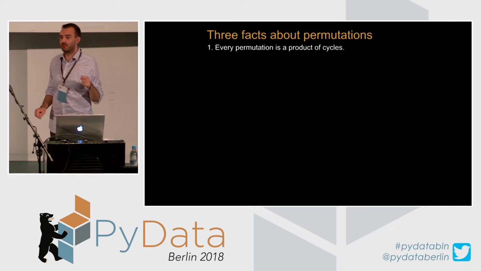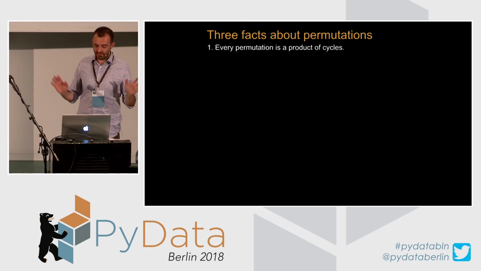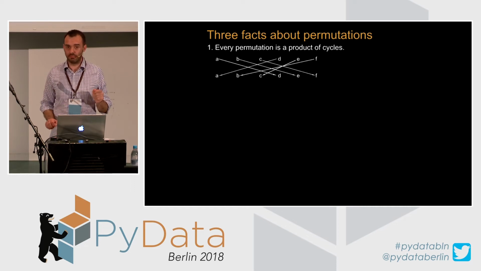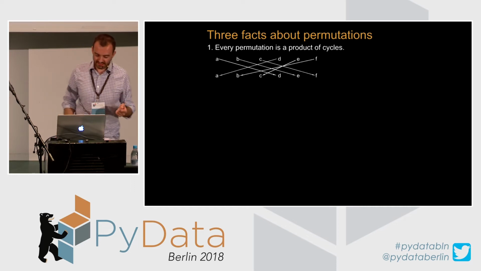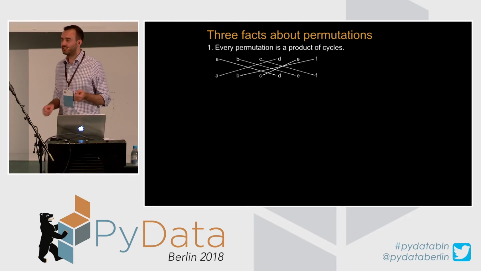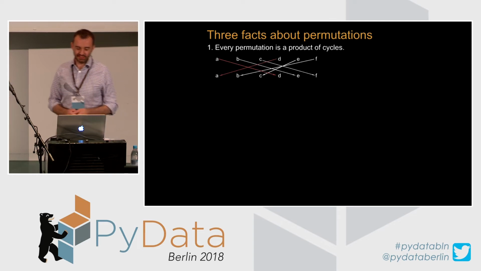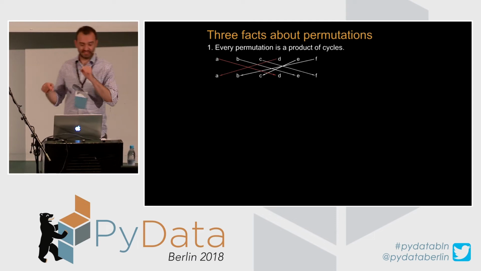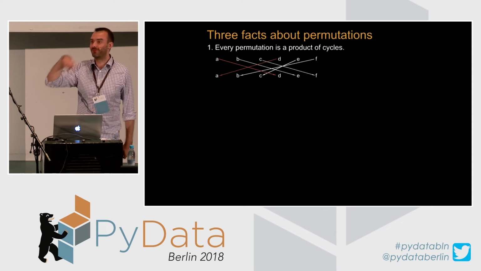Every permutation is a product of cycles. If you don't know exactly what that means because I haven't said what a product is, I'm going to tell you by example. So here's a rather complex-looking permutation on 6 letters, except that it's not as bad as it initially looks, because if I highlight it like that, you can see that A and D have been exchanged among themselves. So B, C, E, and F must be doing their own thing as well.